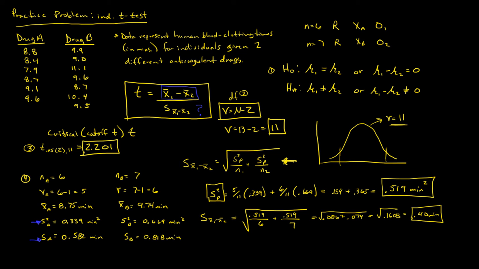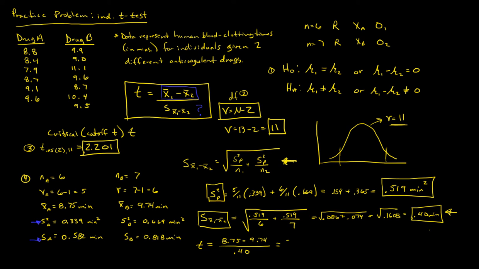So then when we calculate t, what do we get? Using our formula from above, we already had the numerator, which was 8.75 minus 9.74. And then we divide by our standard error of the mean difference term here, which is 0.40.